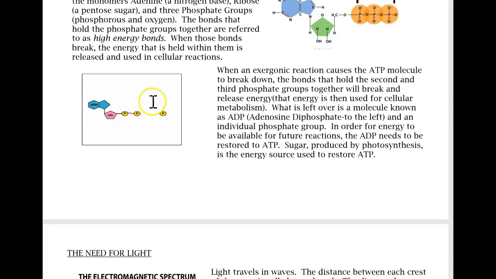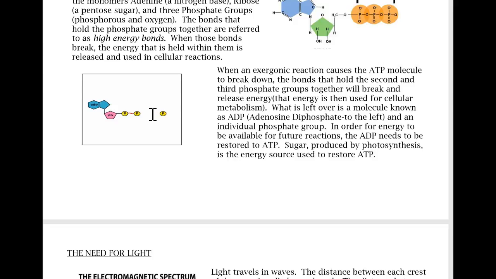The energy that was released from this is going to be the energy that is needed to blink your eye, to move a muscle, for the motor protein to transport a vesicle, for the energy of transport proteins to move molecules against the gradient, like we saw in chapter 7 at the end.